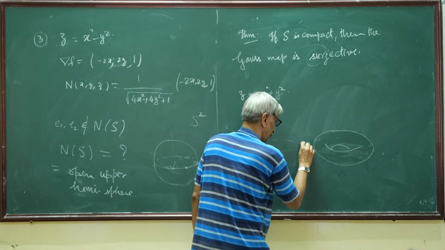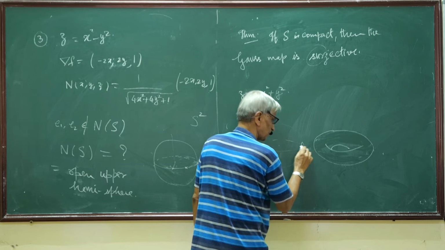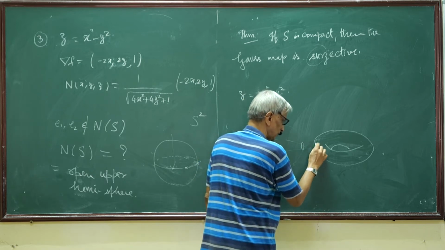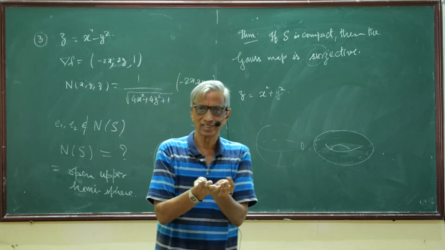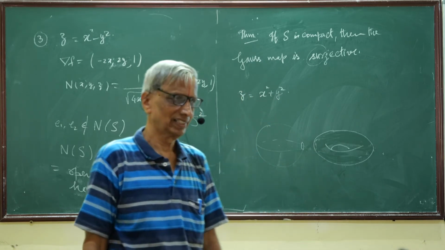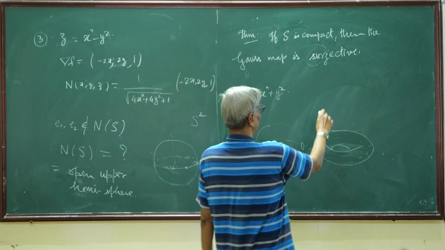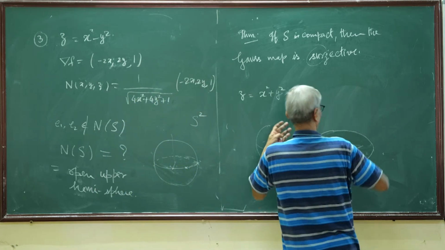Remove a small circular portion from here, remove a small circular portion from here, and glue them together. So you will get something like this. I'll draw the picture this way.